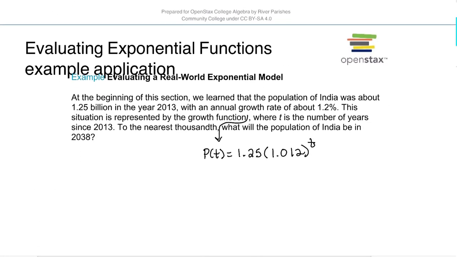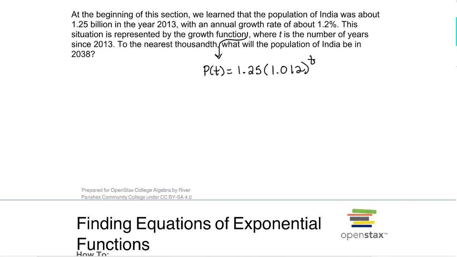Okay, so let's look at this example at the beginning of this section. If you go back and look in OpenStax, section 6.1 at the very beginning, they reference what we're about to talk about. At the beginning of this section, we learned that the population of India was about 1.25 billion in the year 2013, with an annual growth rate of about 1.2%.